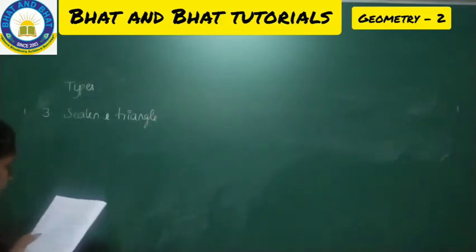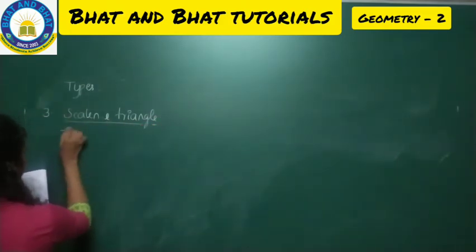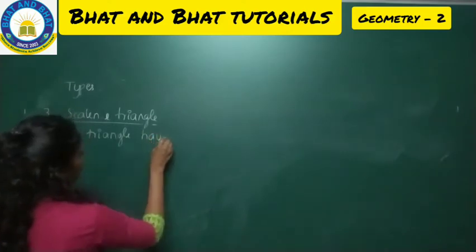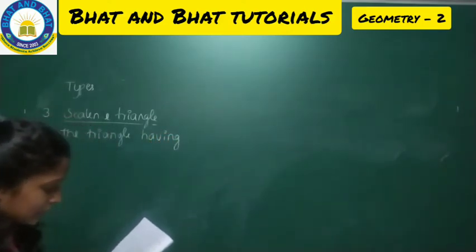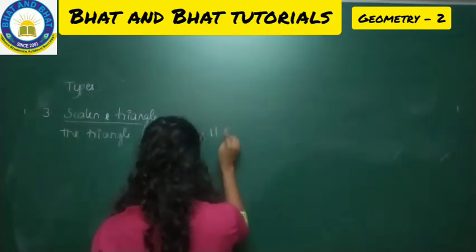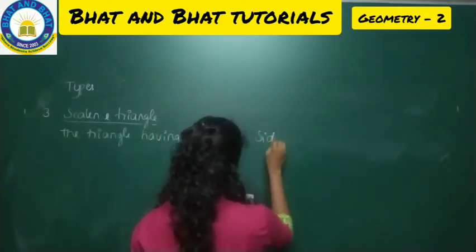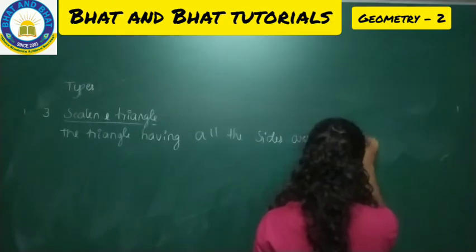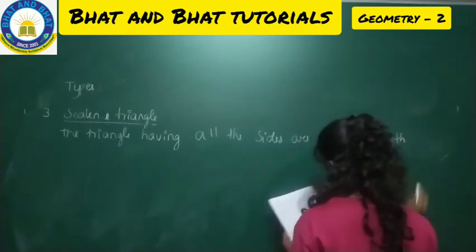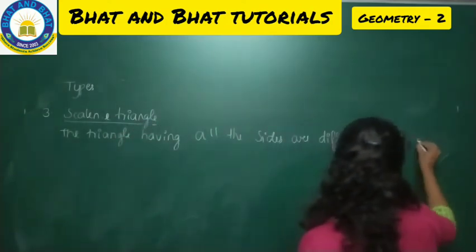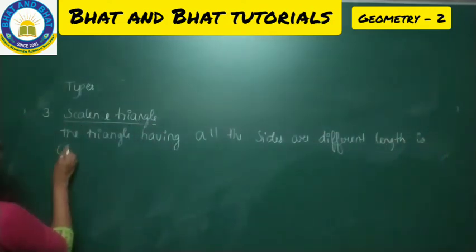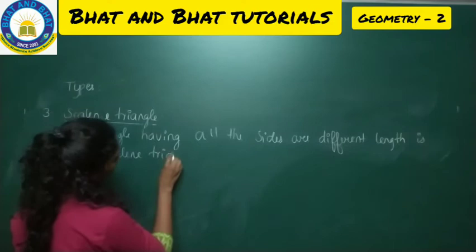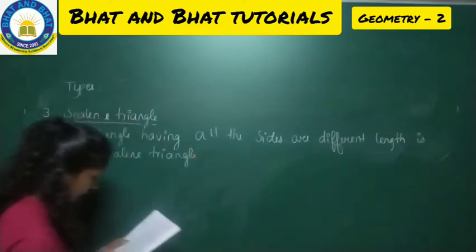In a scalene triangle, the triangle having all the sides of different length is called a scalene triangle.